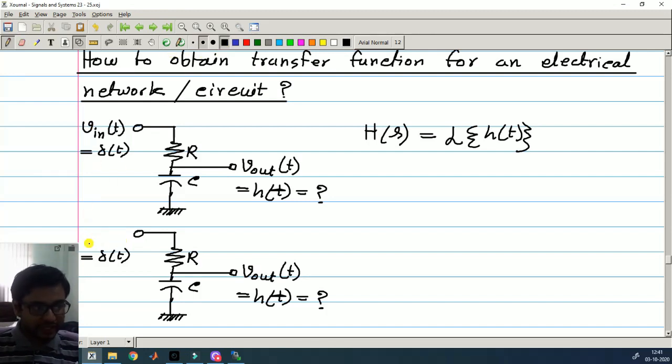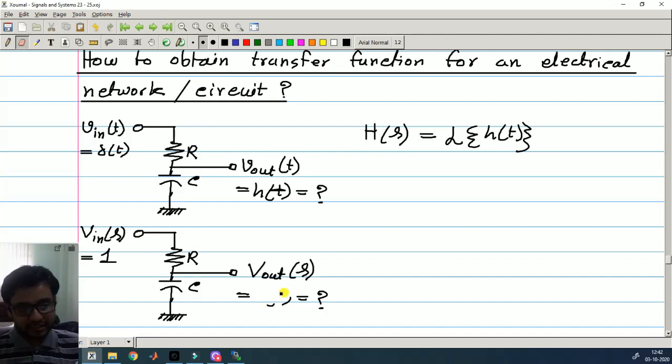So instead of V in t, I will write capital V in S. This is the Laplace transform of this V in. Instead of delta t, you can write 1. Instead of V out t, write capital V out S.